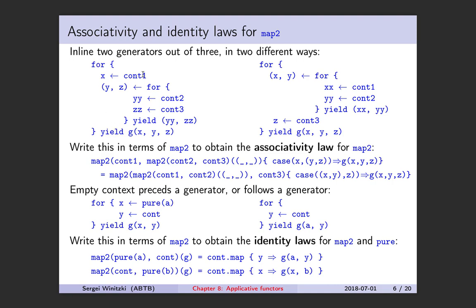And we can inline in two different ways, and that should be the same. So that's the associativity law for the monad.